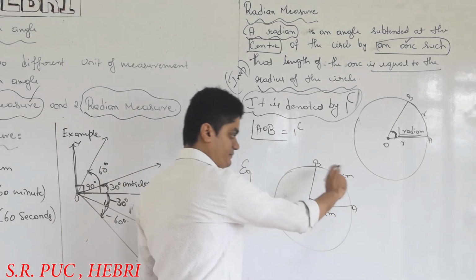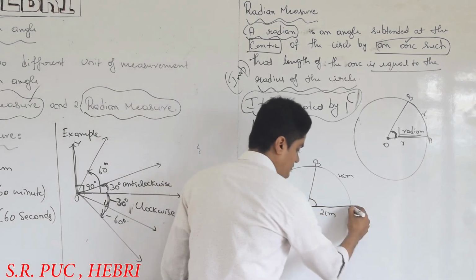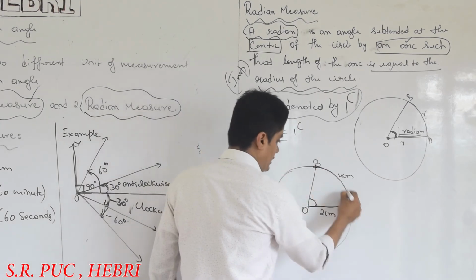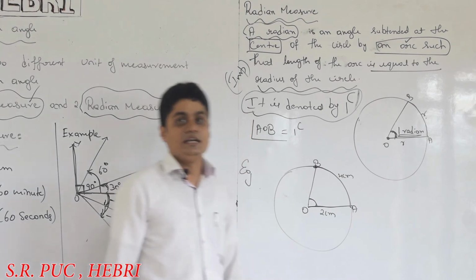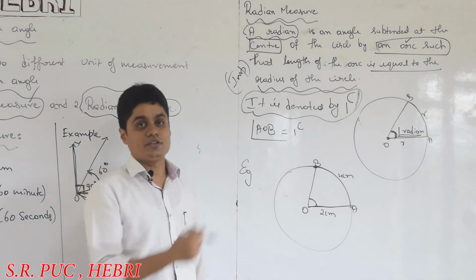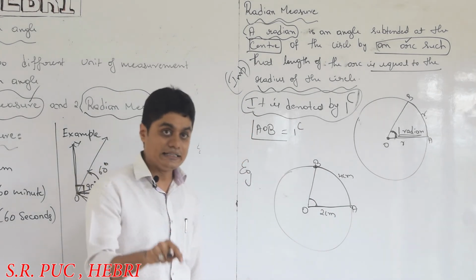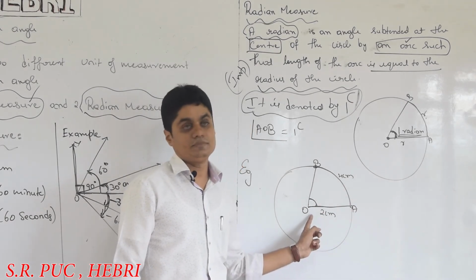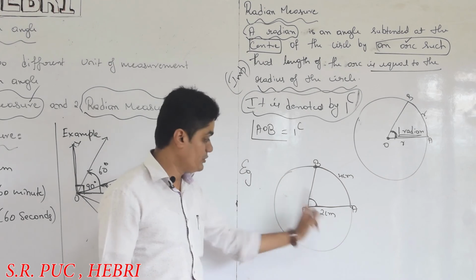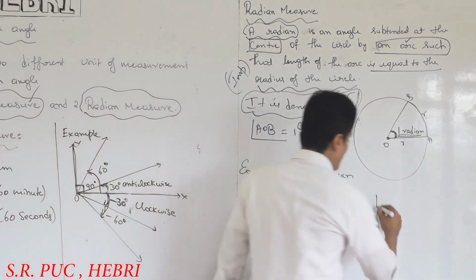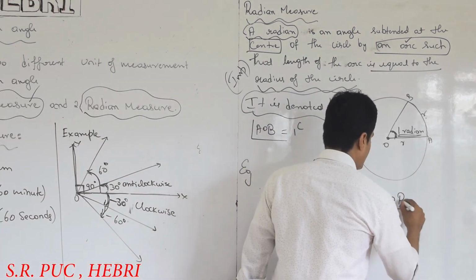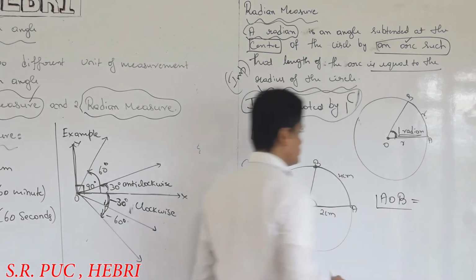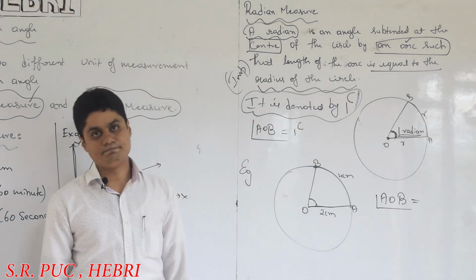We have a circle with radius 2 centimeter. I consider one arc of length 4 centimeter. Now using this definition, tell me what is the angle subtended by this arc at the center of the circle. According to this definition, what is angle AOB?